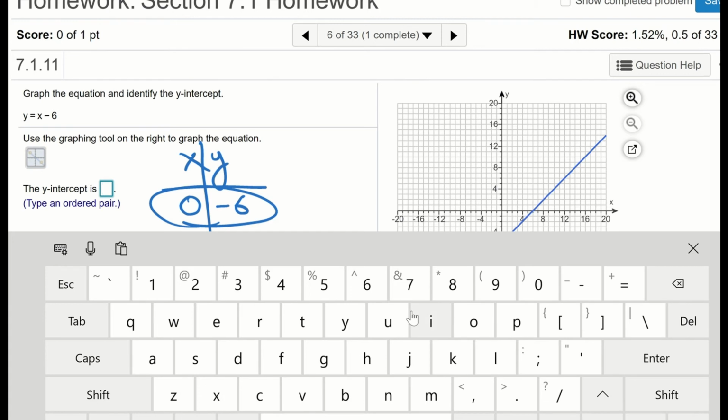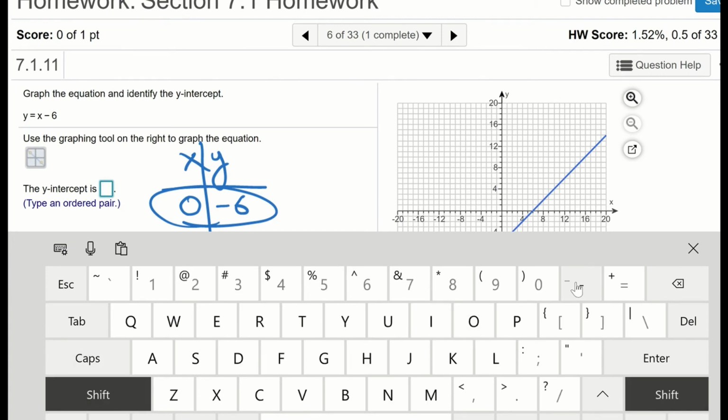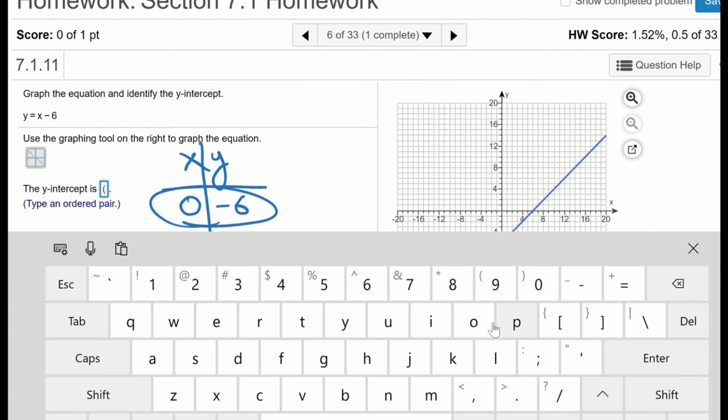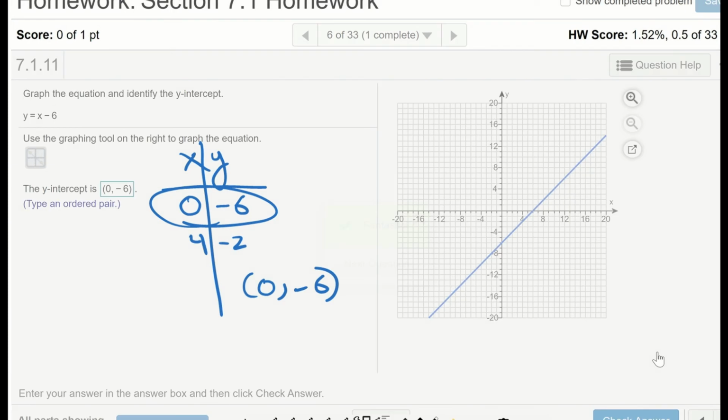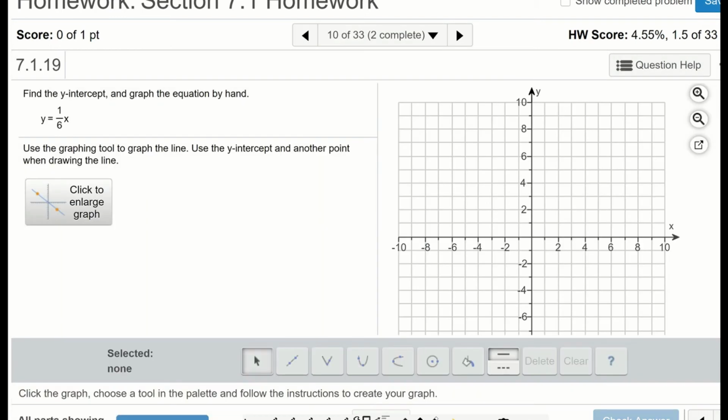So what you're going to do is you're going to actually use parentheses to indicate that you're typing in an ordered pair. So you're going to go 0, -6, and then you're going to close the parentheses, and now you're done. Okay? So that's how you handle a question like that.